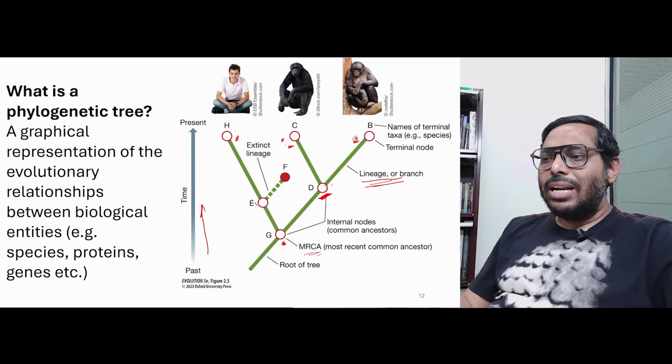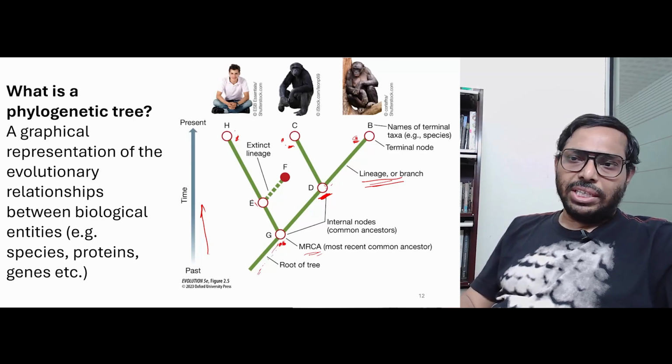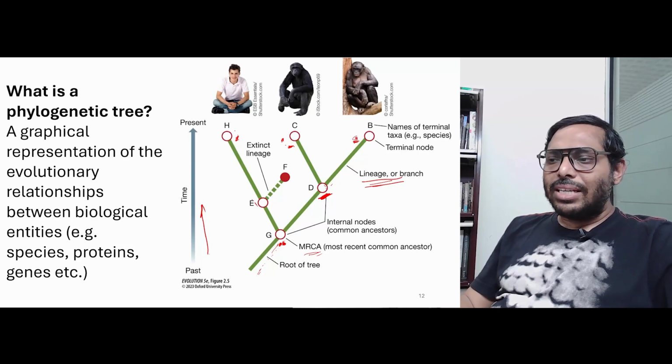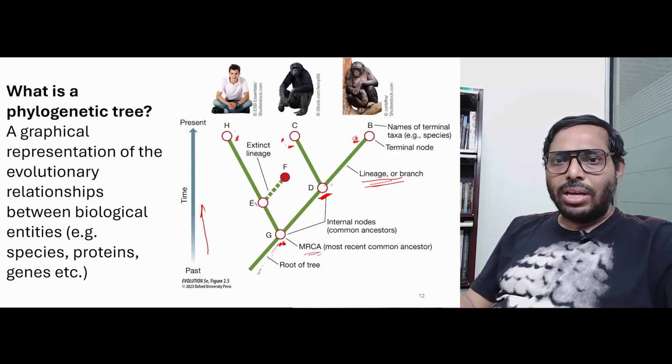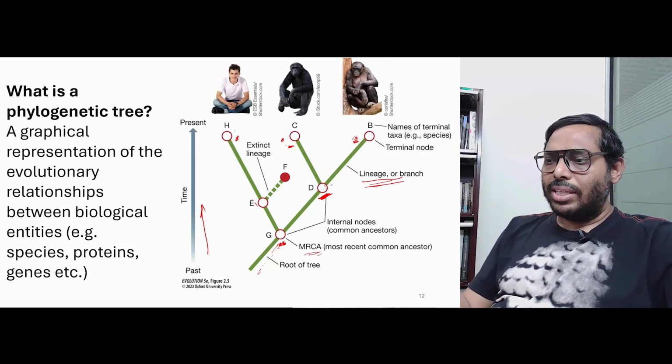This is basically depicting the point that a bunch of ancestral lineages have come and they have led to the arising of this G. So, we are not interested in what has happened prior to G, but we are interested in G because this is the most recent common ancestor for all the three species that we are interested in.